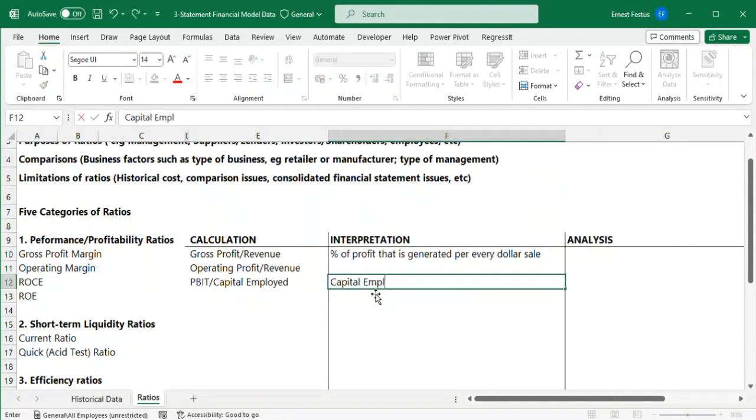capital employed is actually equal to total assets minus our current liabilities.